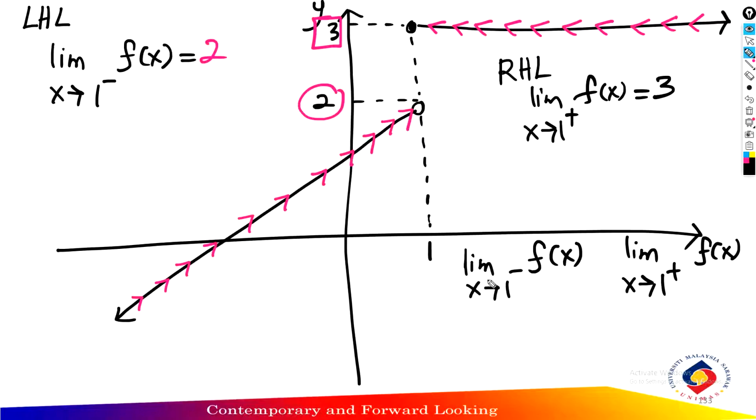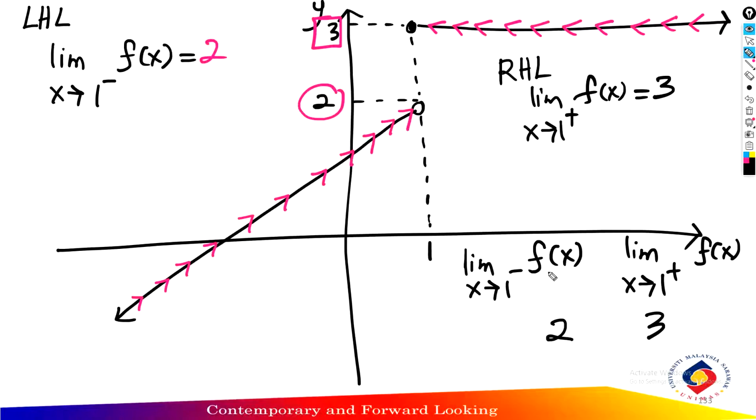Okay, and you compare the left-hand limit and the right-hand limit of the function. The limit of f(x) as x approaches 1 from the left equals 2, and the limit of f(x) as x approaches 1 from the right equals 3.